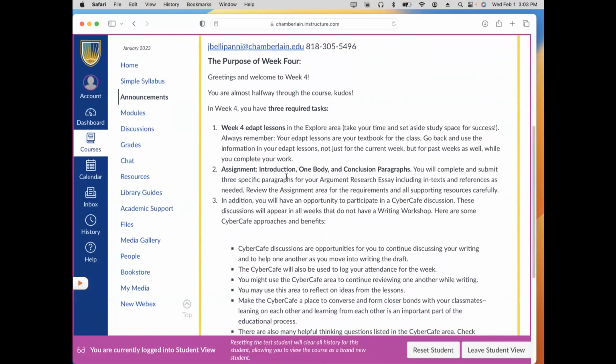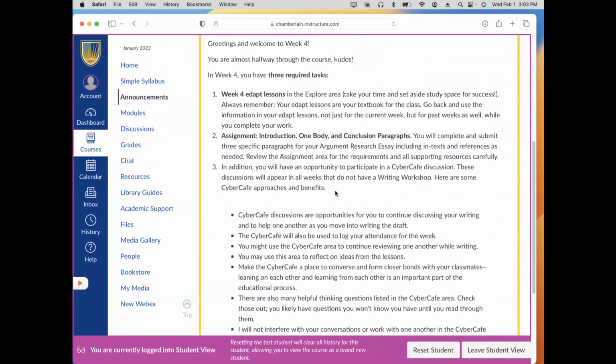The assignment is you're basically writing 3 complete paragraphs. You're going to write the introduction, one of the body paragraphs, and then a conclusion paragraph. And the other thing is to make sure that you post or stop in the cyber cafe, which is the discussion for the week.